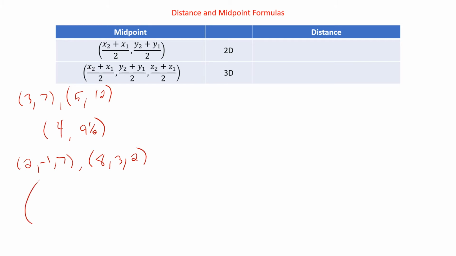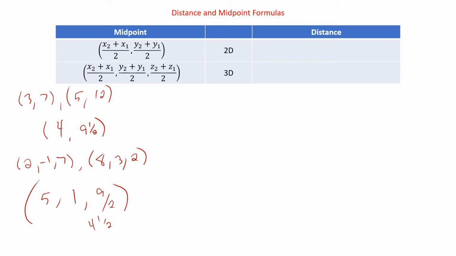We're going to do the same thing. 2 plus 8 is 10, divided by 2 is 5. -1 plus 3 is 2, divided by 2 is 1. And 7 plus 2 is 9, divided by 2 is 9 halves, which could also be 4 and a half if you wanted to go that way. But that would be the midpoint between these 2 points.